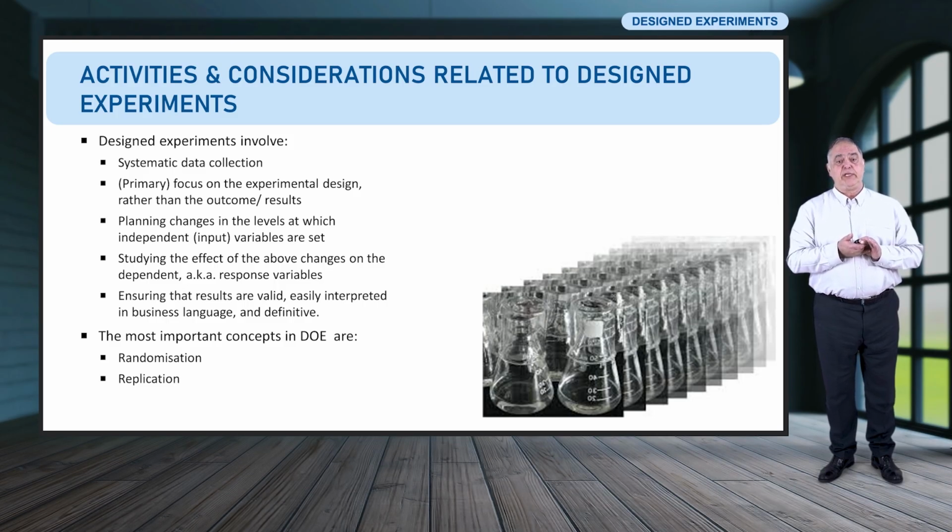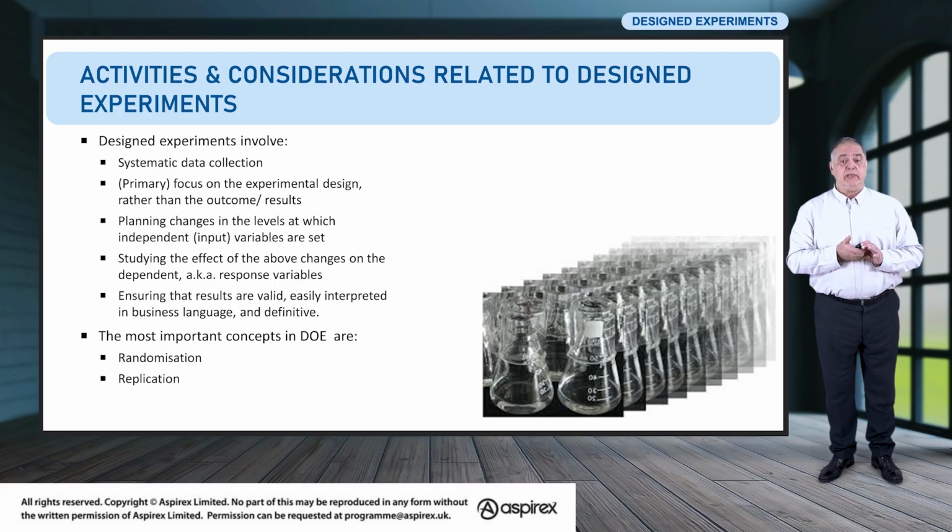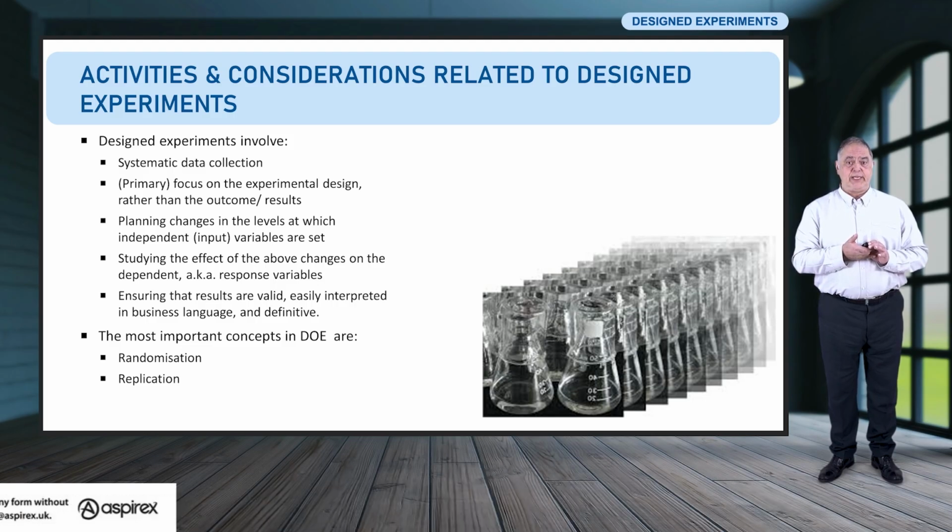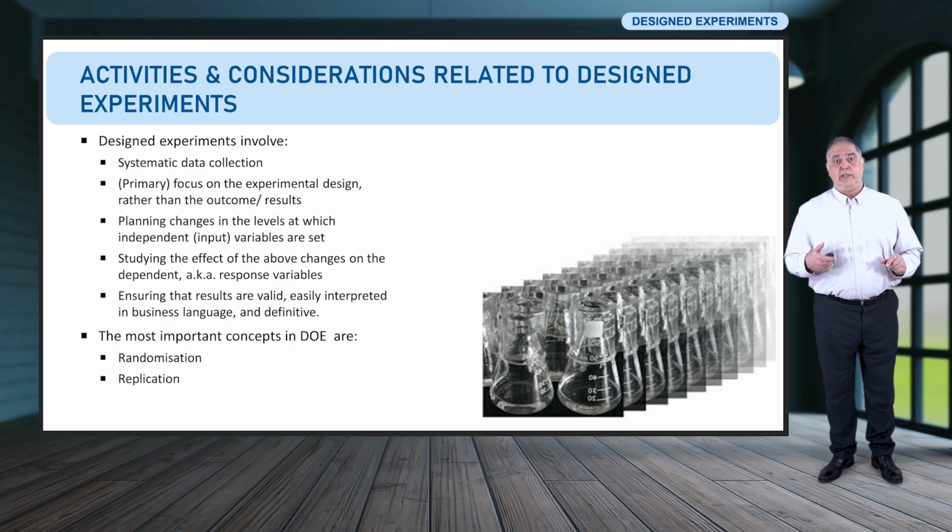Ensuring the results are valid, easily interpreted in business language, and, of course, definitive. The most important concepts in designed experiments are randomization and replication. And shortly, we're going to explain more about these terms.